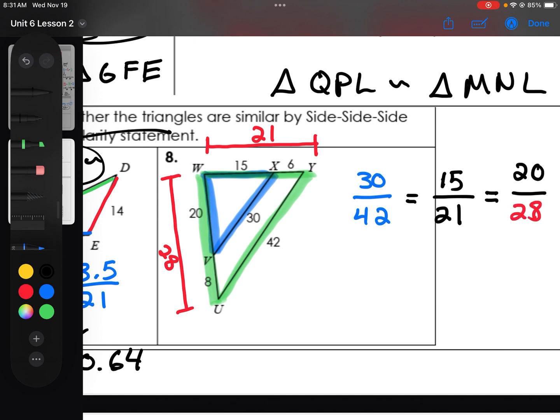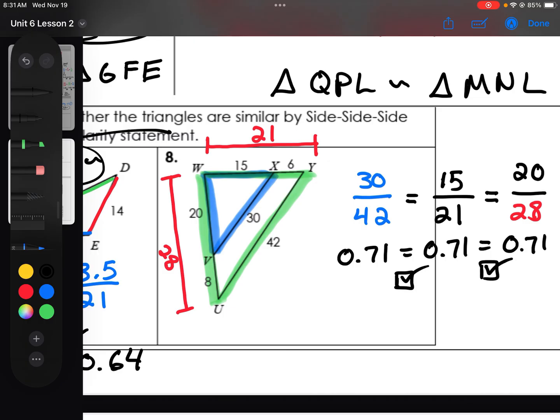Now we're going to hop over into the calculator to make sure that these are all equal values to each other. So 30 divided by 42, 0.71. 15 divided by 21. So those two are proportionate. That works. And then 20 divided by 28 is also the same thing.